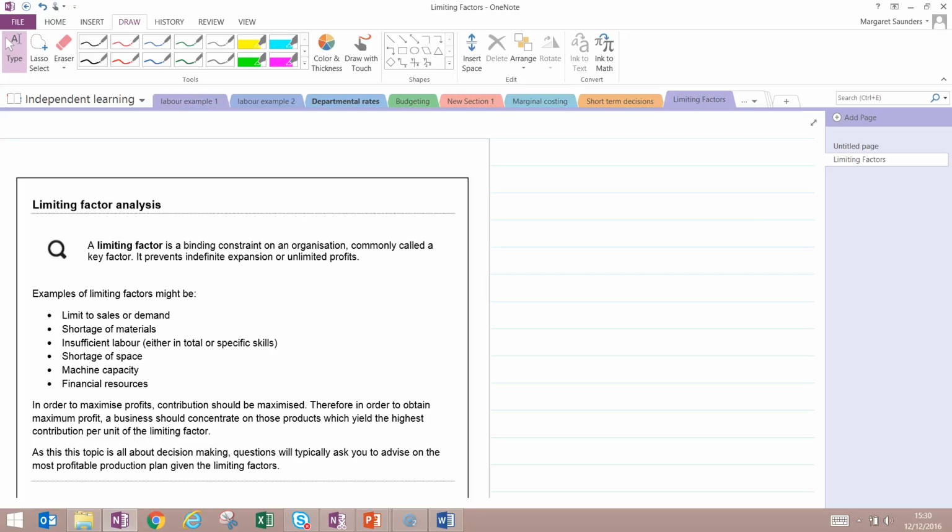And in order to maximise profits, they need to maximise their contribution. So when there is a limiting factor, an organisation needs to decide how best to use that limiting factor in order to maximise contribution and profit.